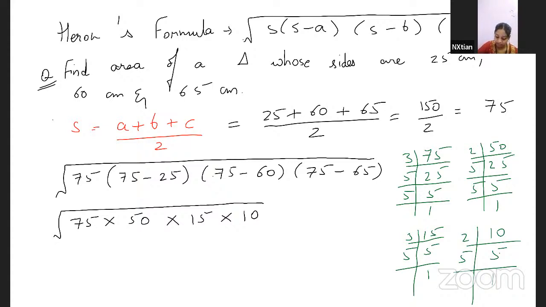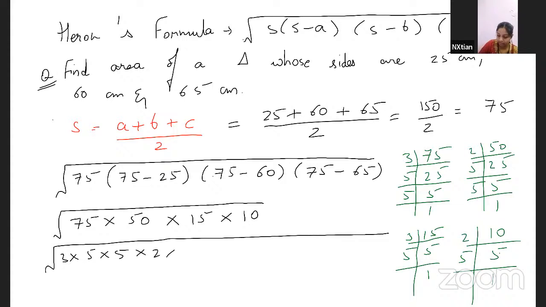Now we will write them here. 3 into 5 into 5 into 2 into 5 into 5. Then for 15, 3 into 5. For 10, 2 into 5. Okay. Now we have all the factors. Now we will make pairs. 3 and 3, 2 and 2.